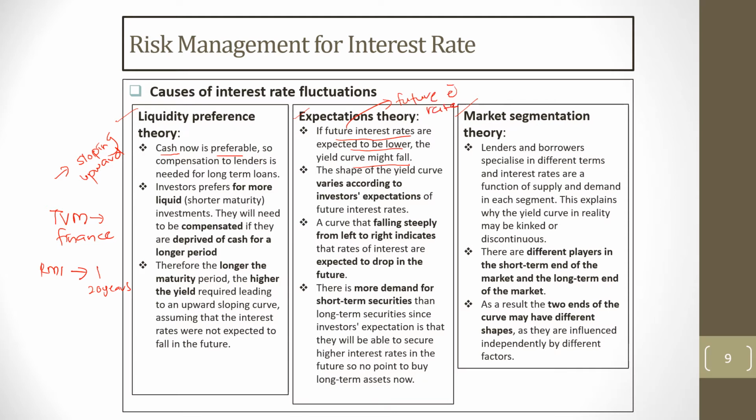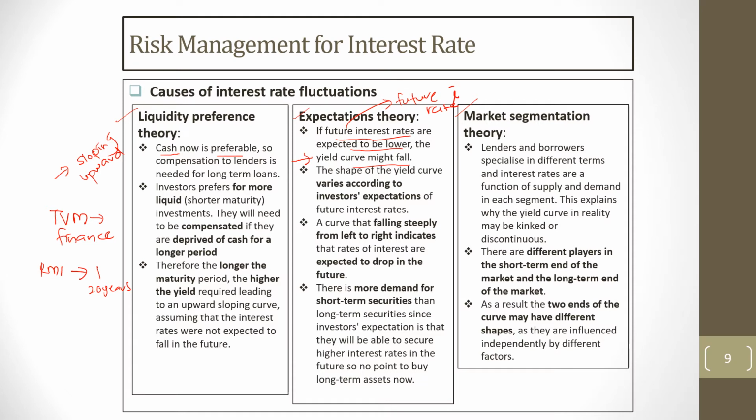So it means that when there is difference, kita jangkakan the future rate of interest akan berkurang. So that's why the yield curve akan jatuh.